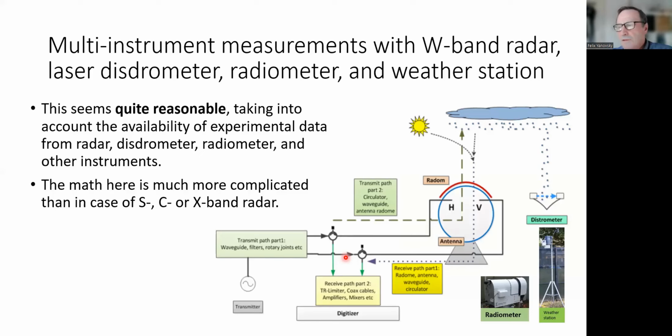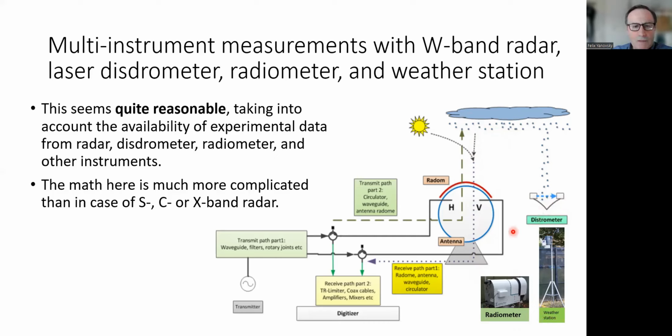Here you can see the scheme of the experiment which was performed during several years. Here you can see the W-band radar looking vertically from the level of the Earth's surface. This is the disdrometer, radiometers, and weather stations.